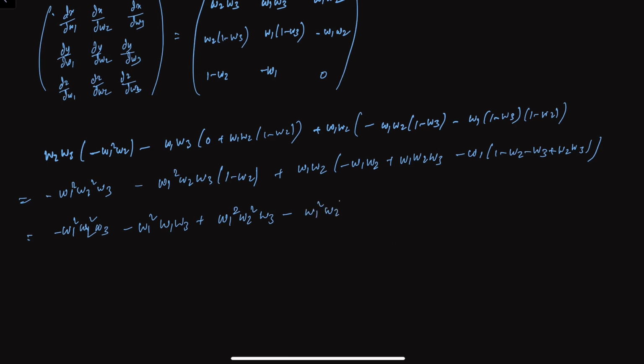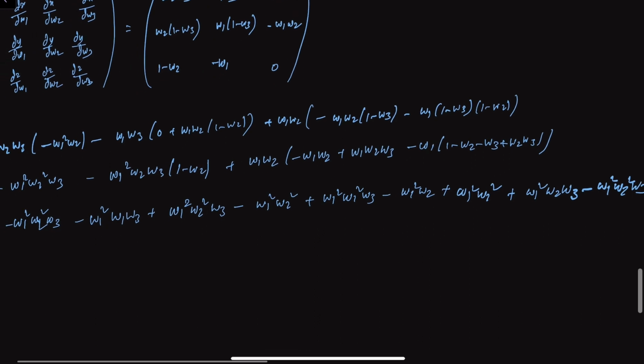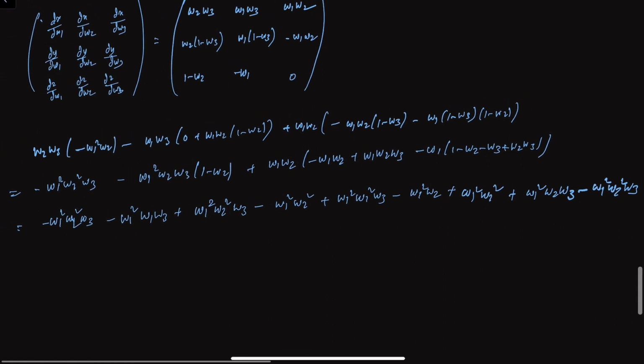Continuing the expansion, if we consider this expression, minus W1 square W2 square W3 will get cancelled with this, and minus W1 square W2 W3 will get cancelled with this.